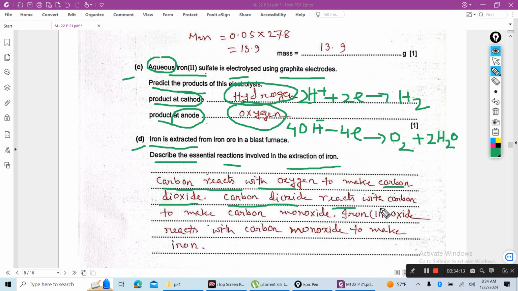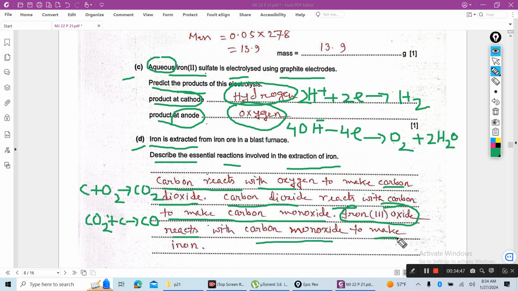Then carbon dioxide is reduced by carbon to produce carbon monoxide, CO. Then carbon monoxide reduces iron 3 oxide to produce molten iron. This is the main reaction.